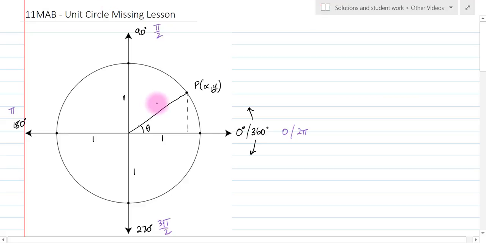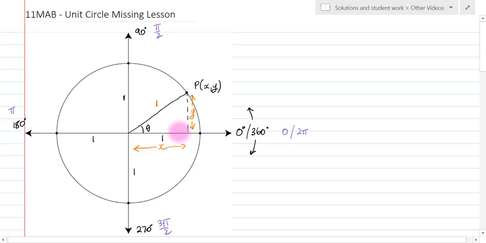First of all, obviously the hypotenuse length is 1 because it's on a unit circle. Secondly, we have this height here, which we can write as y, and this length, which we can write as x, because as you see, we've denoted P as (x, y).